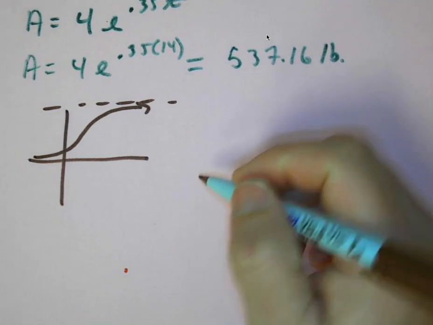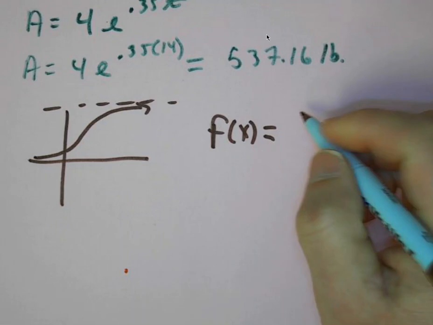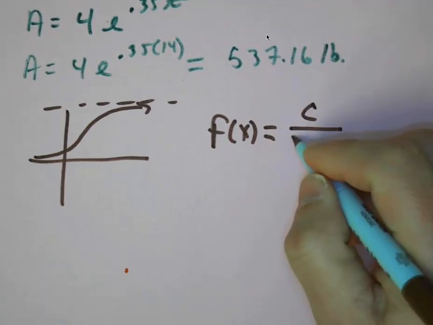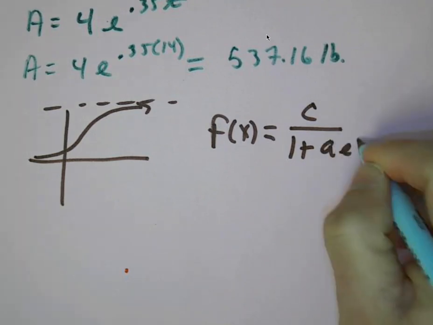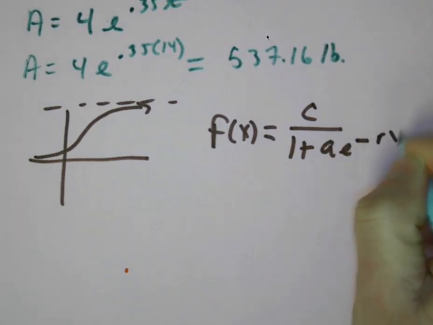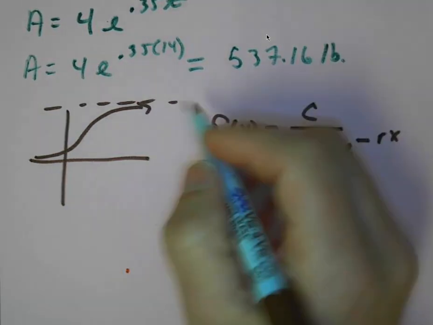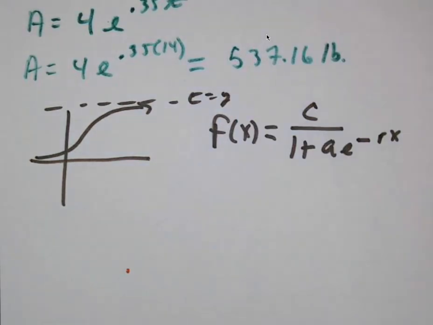So now, the logistic growth function looks like this: c divided by 1 plus a e to the negative rx. Now, what is c? C would be your asymptote, a is the amount that they give you, and the rate is going to be as a decimal.